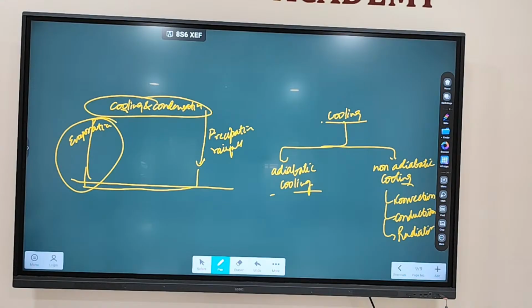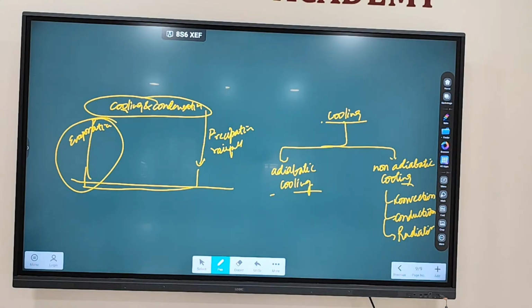So what is adiabatic cooling? Non-rising is the non-adiabatic, and rising means adiabatic. Any other difference we have discussed? As height increases, temperature will decrease.